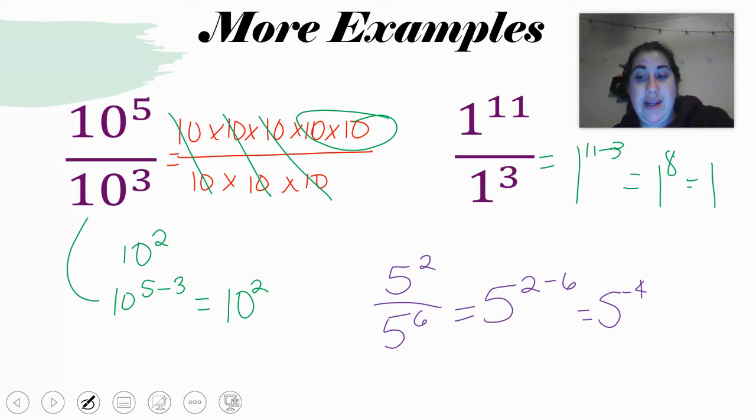So I could write it as that, or I could do 1 over 5 to the 4th. Generally speaking, they want you to write it as a positive. So what I like to think of is I'm subtracting them. 6 minus 2, that gives me 4. But the 6 is bigger, so my final answer is always going to be on the bottom. So that's a way to think about it.